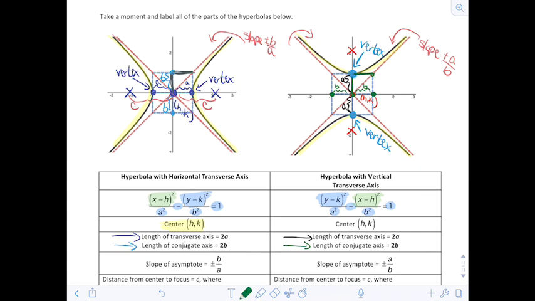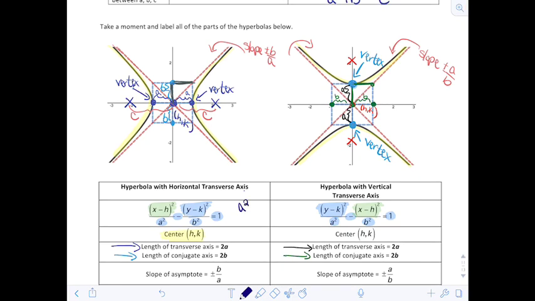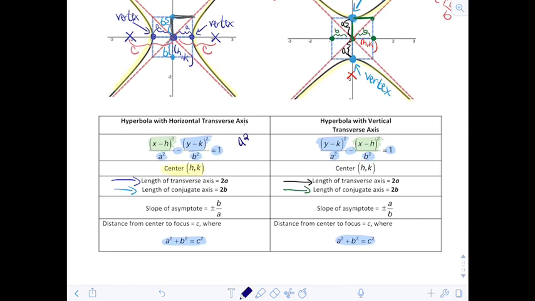Let's look at how we can tell what's going on. So in a hyperbola, a squared is always first. Rather than bigger, like it is in an ellipse, a squared is always first.